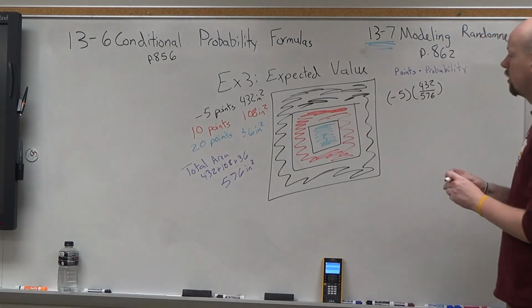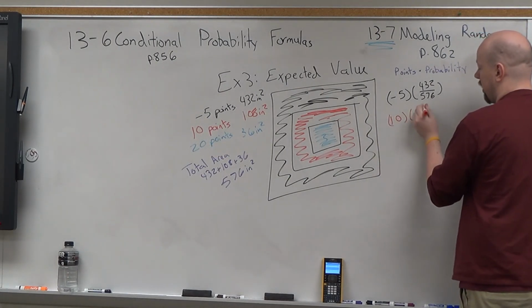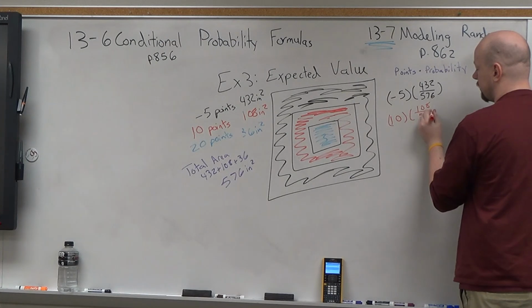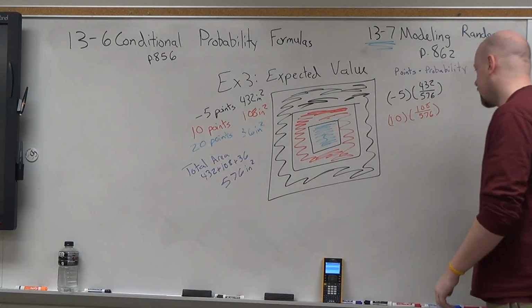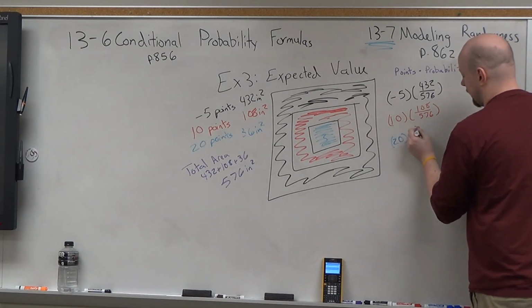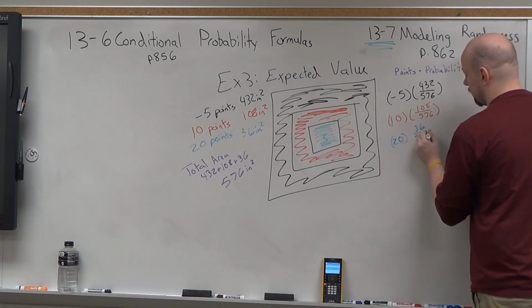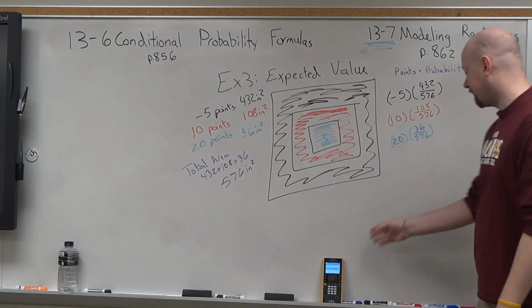Okay. 10 points, my probability would be 108 over 576. And then of course my blue, I get 20 times 36 over 576. Okay. Well, I can just type some of those things in.